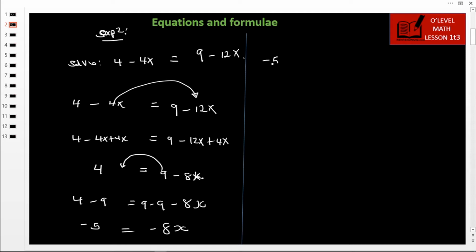So negative 5 is equal to negative 8x. We divide by negative 8 on both sides. Negative by negative gives a positive, so x is 5 over 8.